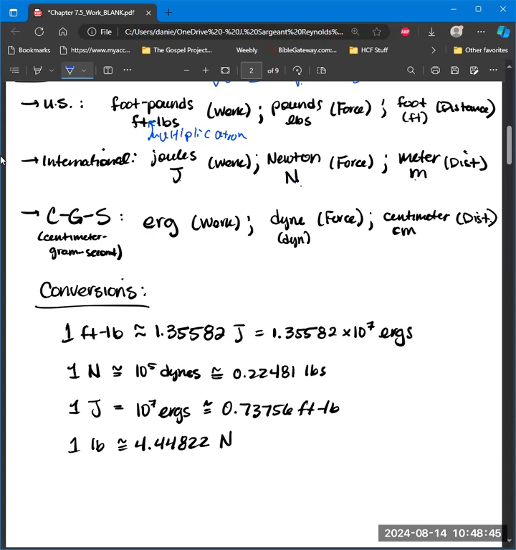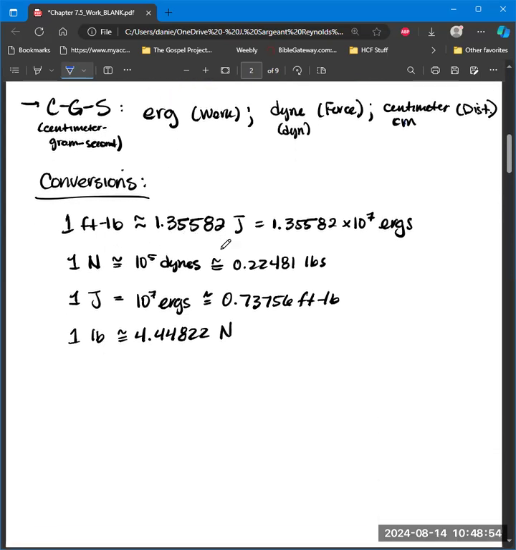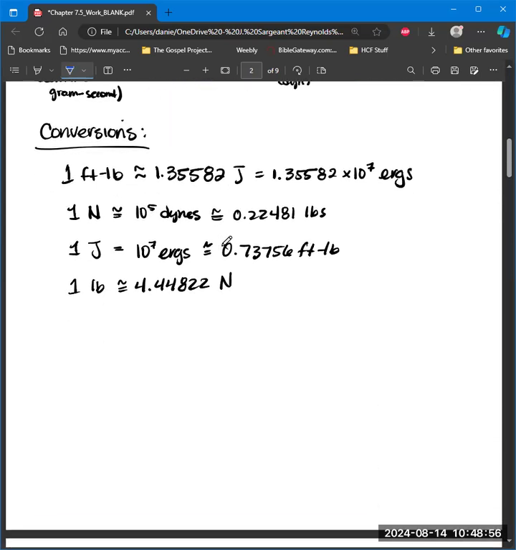So you see that these are much smaller distances and probably smaller units of force and work. So conversion factors that are important to know here is that a foot-pound is approximately 1.35582 joules. And you can write that as 1.35582 times 10 to the 7th ergs.